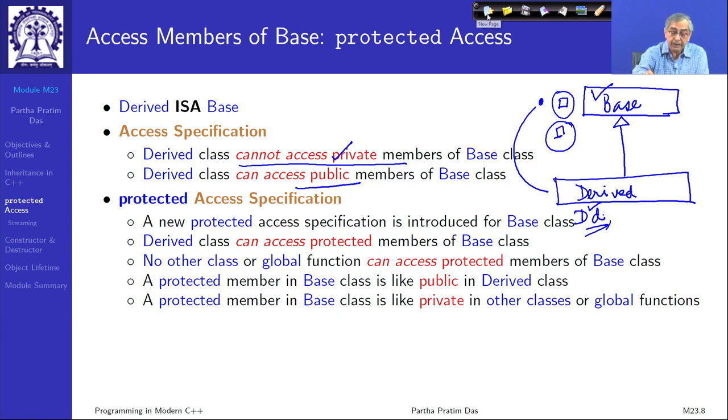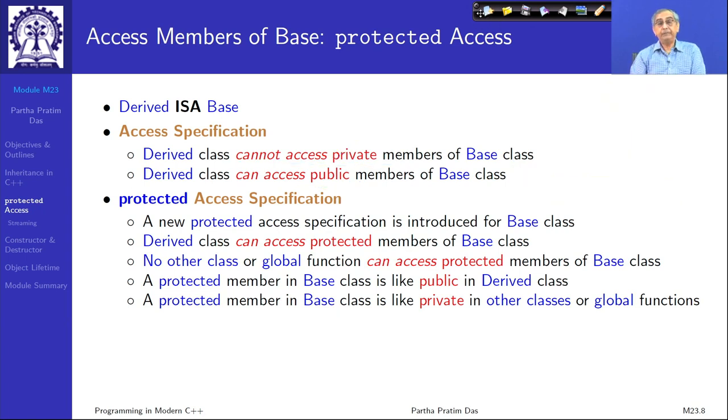So, the protected access specifier is provided to solve this problem. It is to be introduced in the base class. Now, it has very interesting semantics. The semantics is that a derived class can access protected members of the base class.